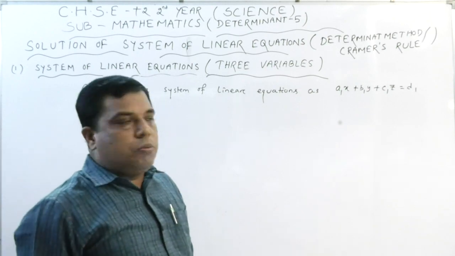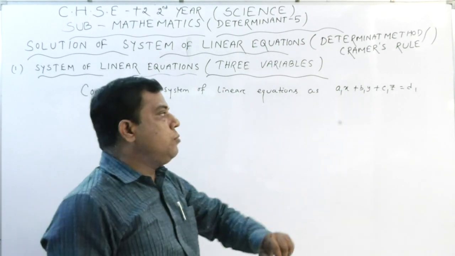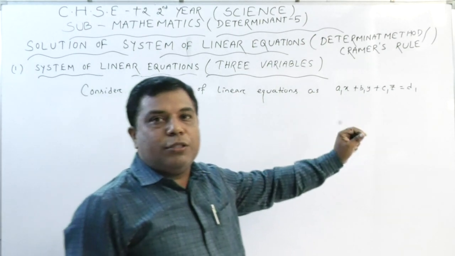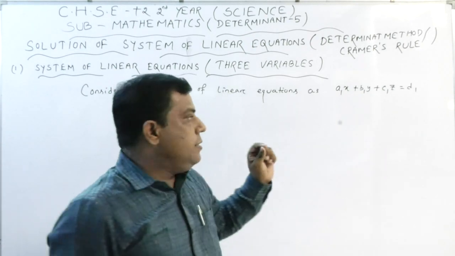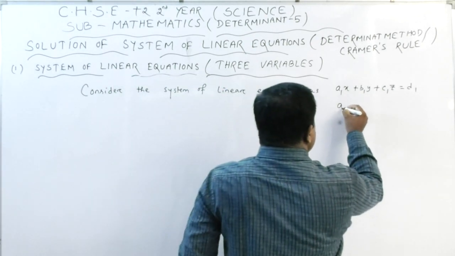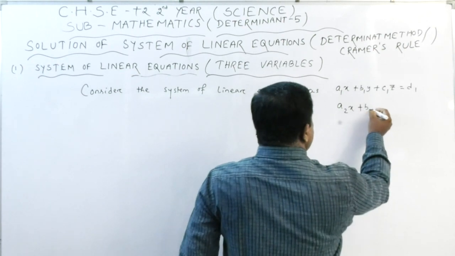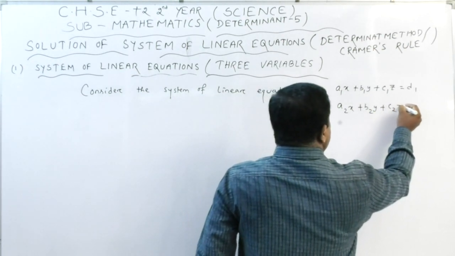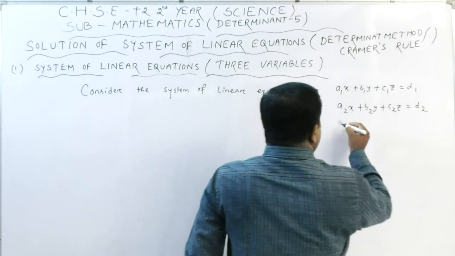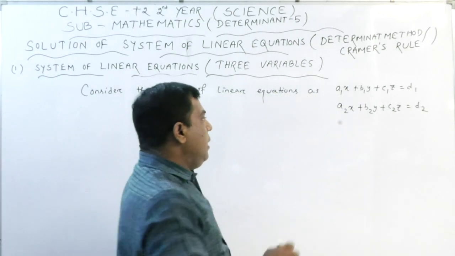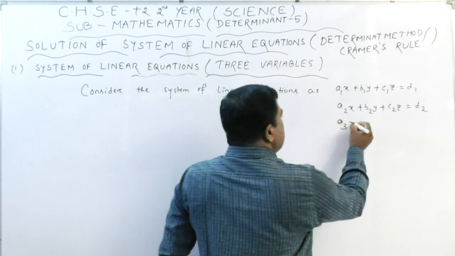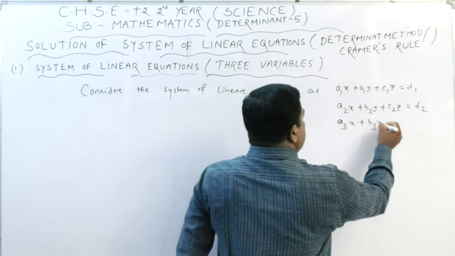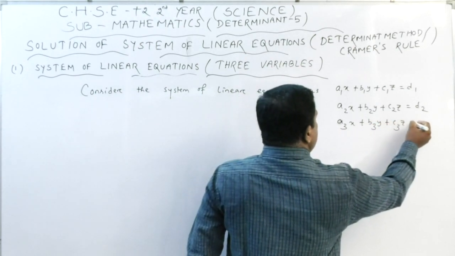Let one equation contain three variables: one is x, another is y, and another is z. Let the second one be a2x plus b2y plus c2z equal to d2. And let the third one be a3x plus b3y plus c3z equal to d3.